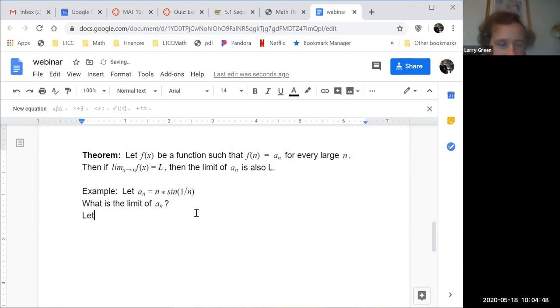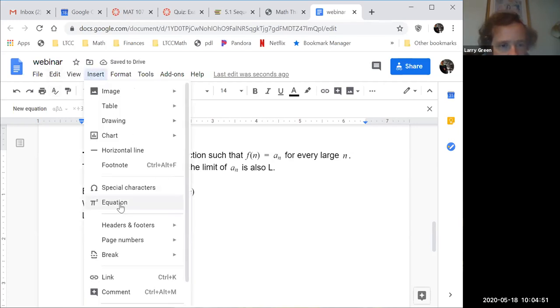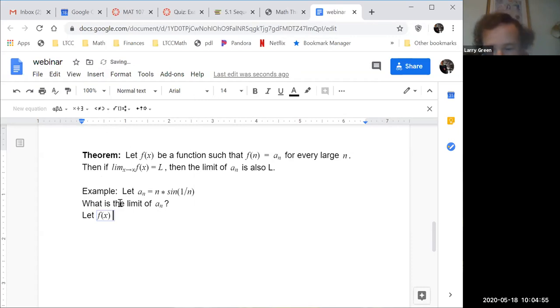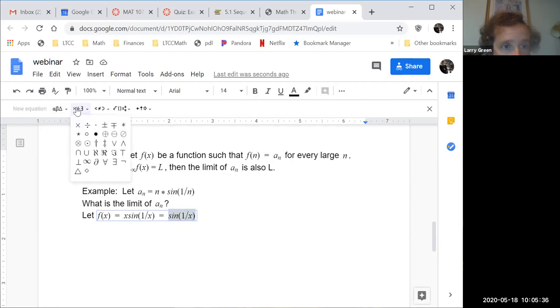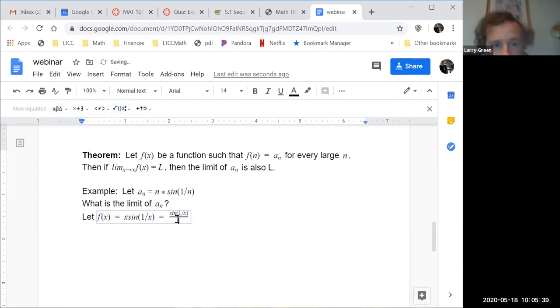So let f of x equal x sine of 1 over x. Which, by the way, is equal to sine of 1 over x over 1 over x.